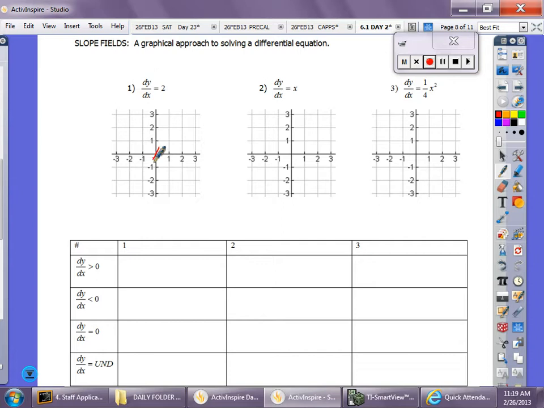So how did I draw that little tangent line? You're going to imagine this whole entire line, because that's a rise of 2 over 1. So that's what it would look like. You're only going to draw a tiny, tiny little piece of it. Okay? So how do I check for accuracy? I look and see that if everything is 2, then they all look kind of parallel. If it's supposed to be positive, it looks positive.